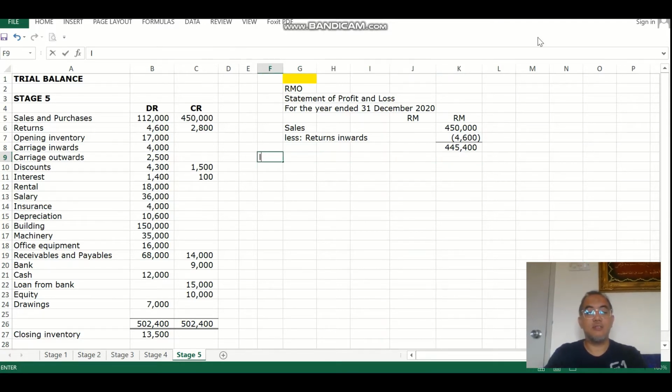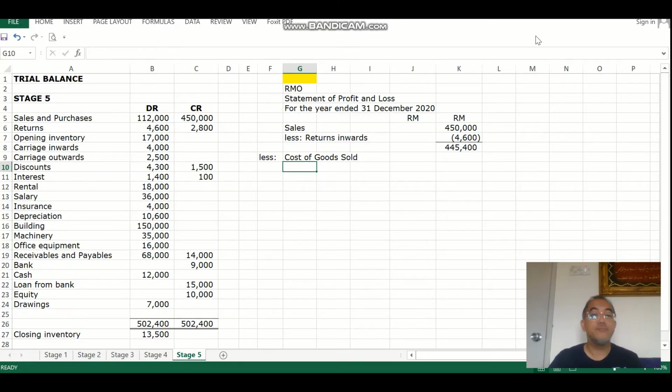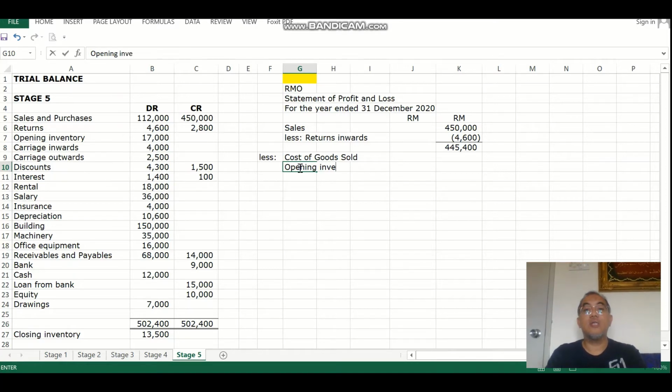Okay, next, last, cost of goods sold. So cost of goods sold, starting with opening inventory, add with purchases, and then minus returns outwards, and do we have carriage inwards?